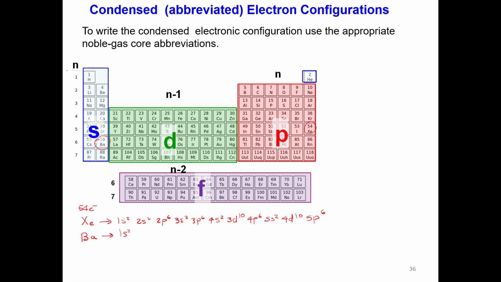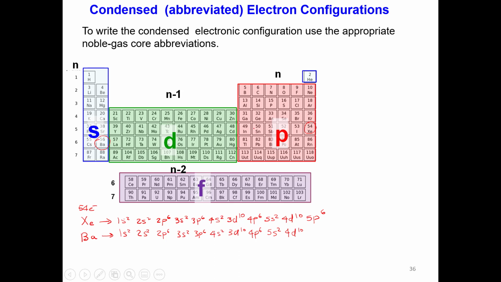It's 1s2, 2s2, 2p6, 3s2, 3p6, 4s2, 3d10, 4p6, 5s2, 4d10, as here it is 4d10.